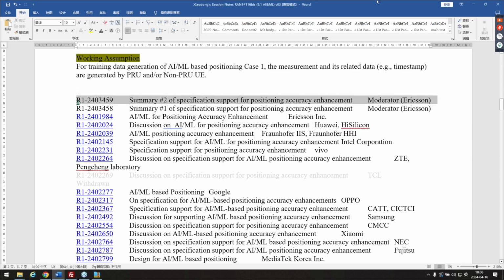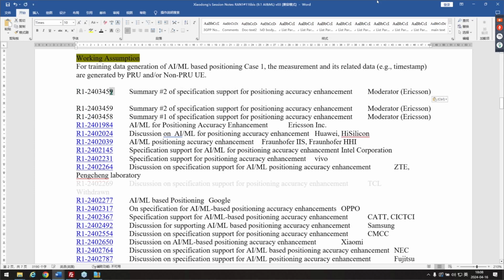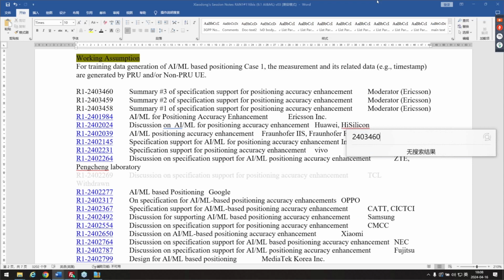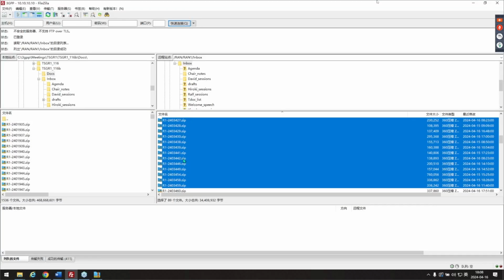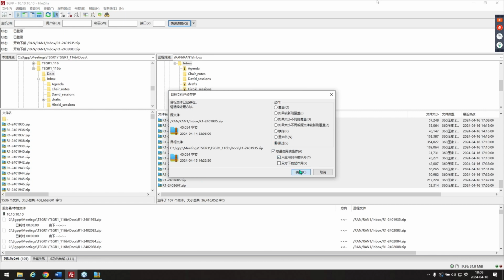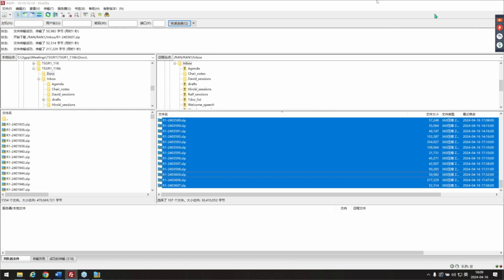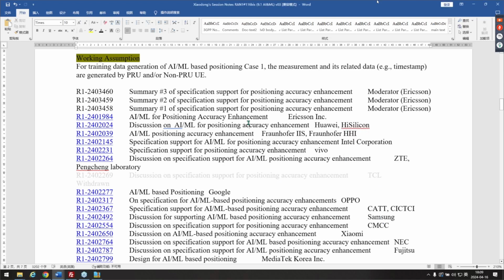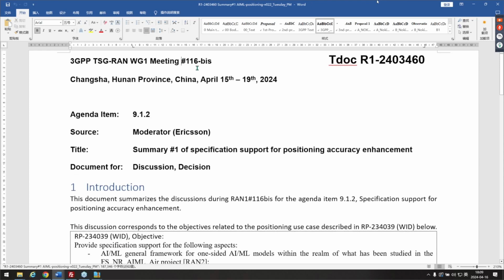3460 is the next summary, and section 9.3 is a proposal for discussion. Go to section 9.3 towards the end.